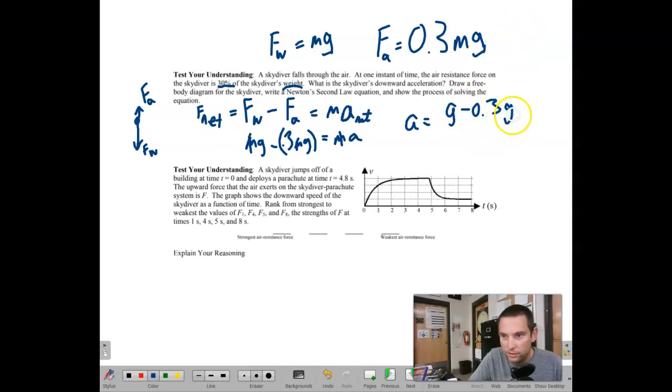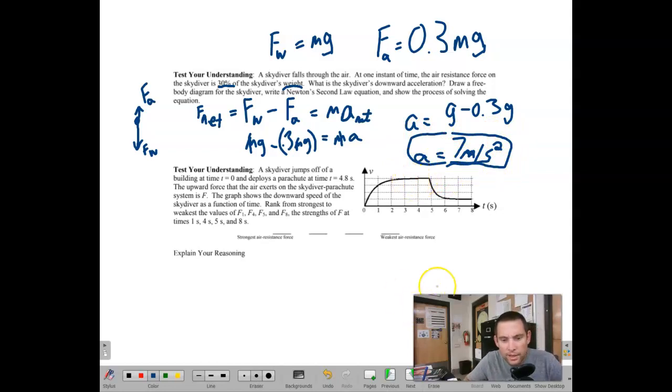And if you want, you can just substitute in 10 minus 30% of 10, which is 10 minus 3. So we have our acceleration of 7 meters per second squared. Circling the answer. Okay, not too hard.